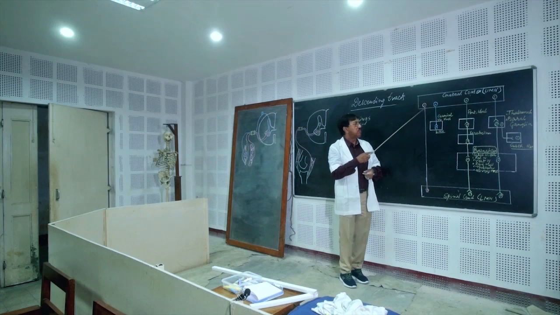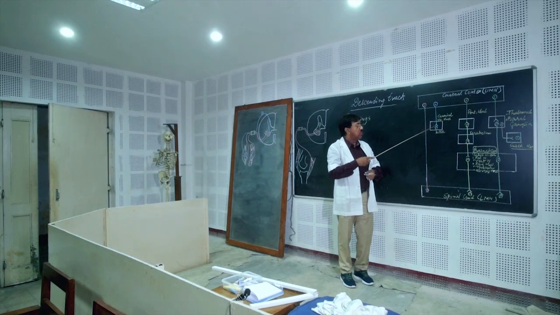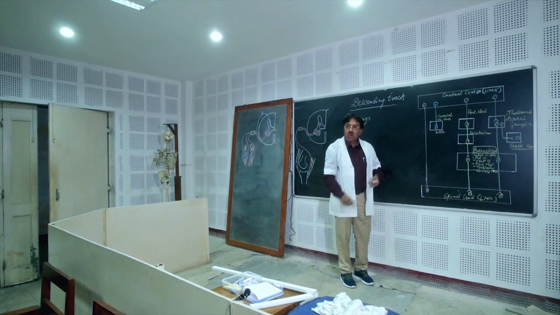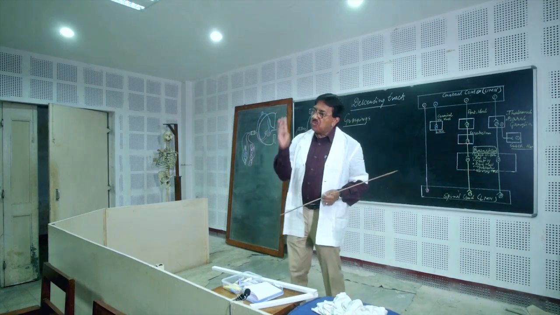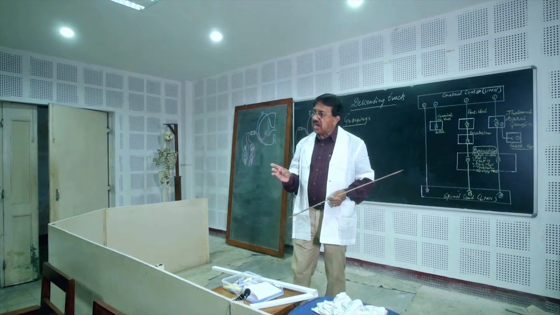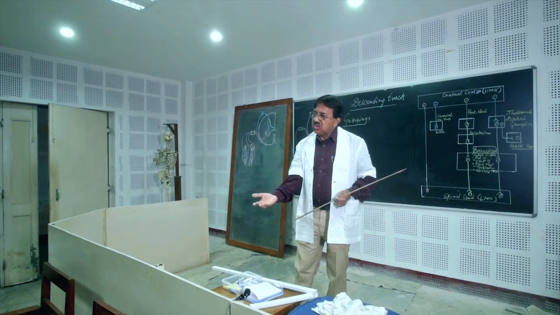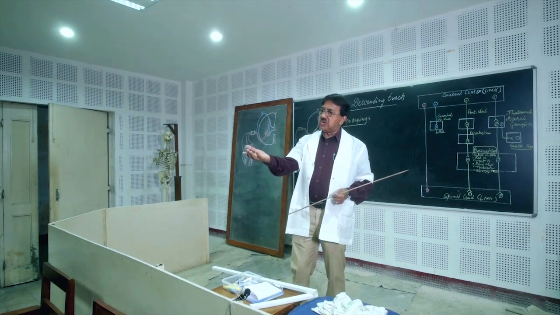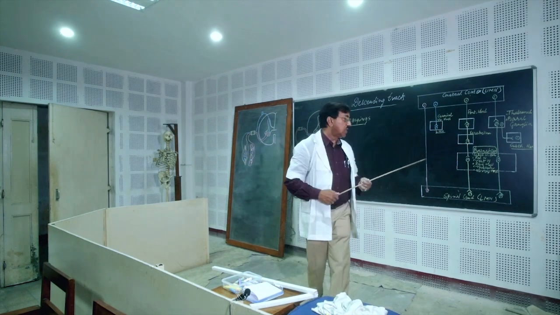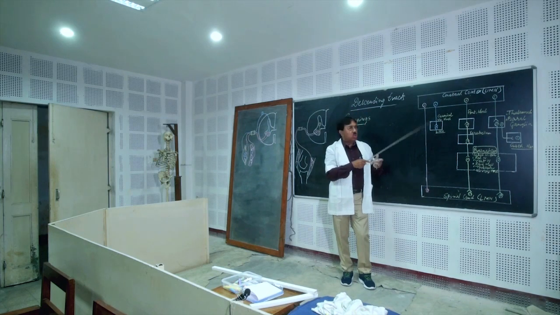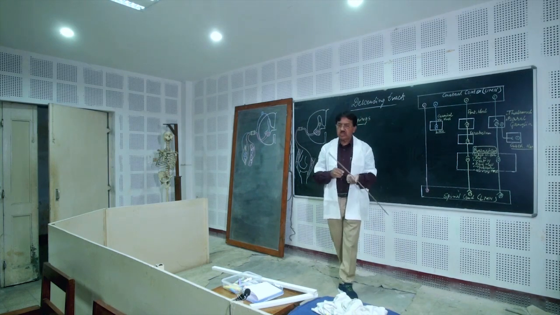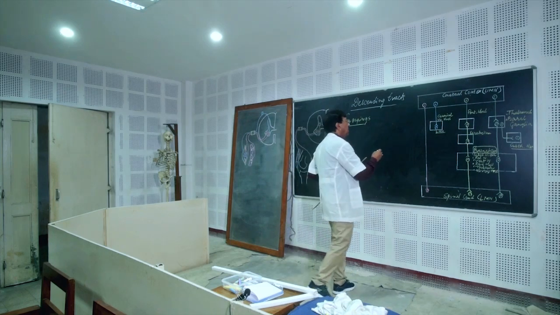Similarly, from the cortex, there is a tract projecting from the motor area of the cerebral cortex to relay in the motor nuclei of cranial nerves. The motor nuclei of the cranial nerves are equivalent to the lower motor neuron of the spinal cord, and therefore can be considered as lower motor neuron. So this tract is known as the corticonuclear tract.